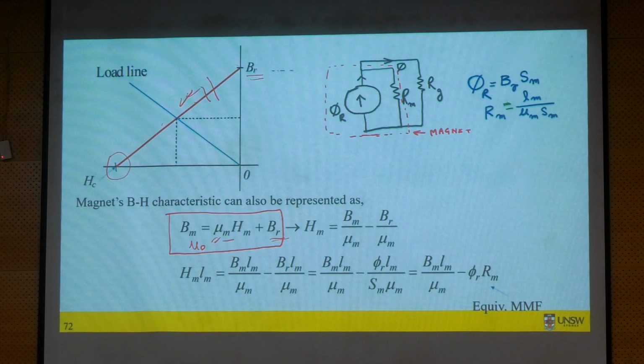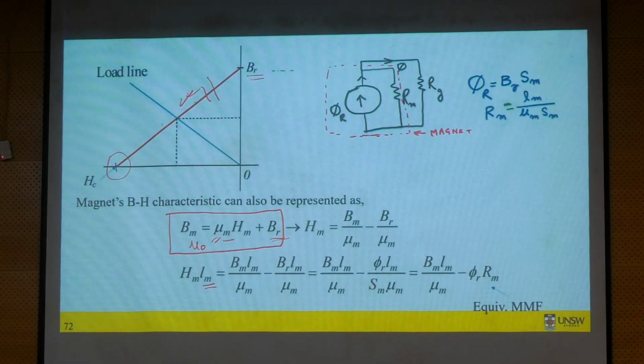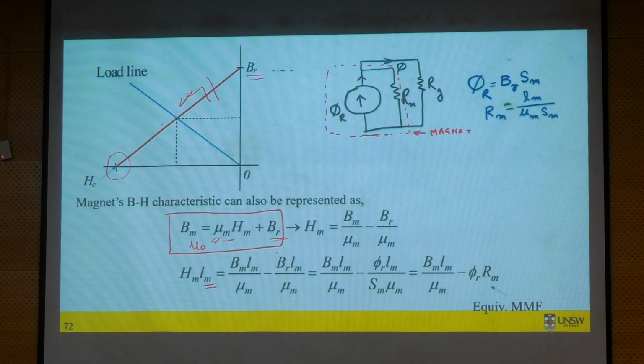And if we modify this equation a little bit and multiply both sides by the width of the magnet, we find that the remanence part of the equation, the BR part, can be written as a flux over cross-sectional area.